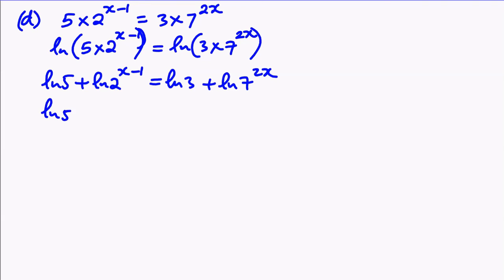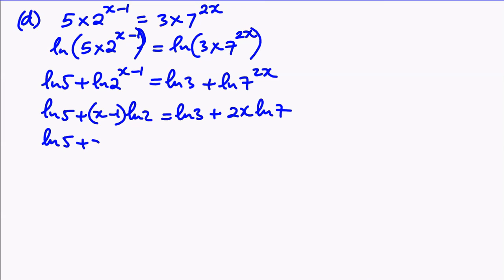So ln 5 plus x minus 1 ln 2 is equals to ln 3 plus 2x ln 7. So we can first of all expand this. So ln 5 plus x ln 2 minus ln 2 will be equal to ln 3 plus 2x ln 7.